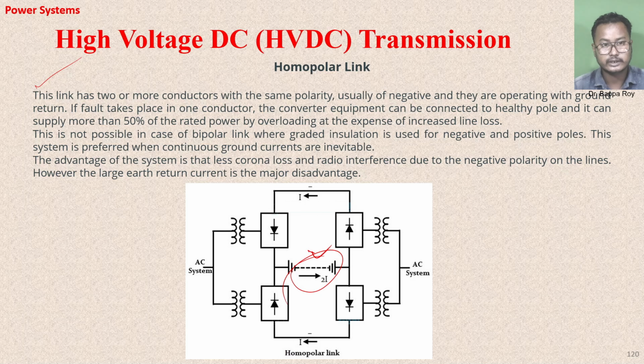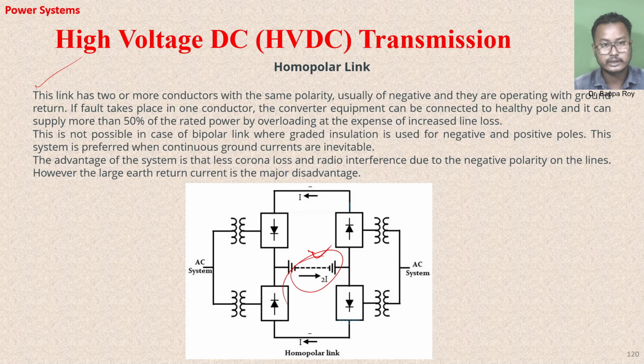So, applications of HVDC transmission systems. The main application is to transfer power. So long distance bulk power transmission, this is the main thing. Bulk power transmission through underground or underwater cables can also be done.